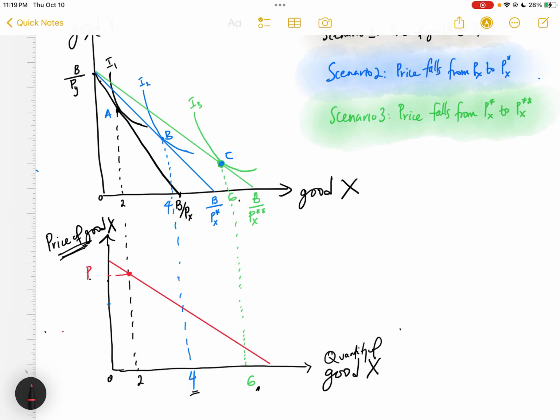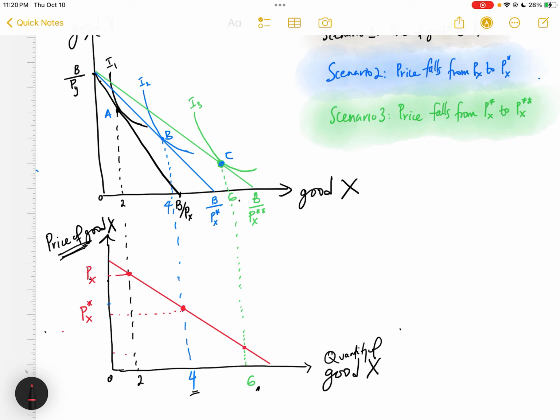Price was at PX. And for the second scenario, the tangency point B, price there was at PX star.